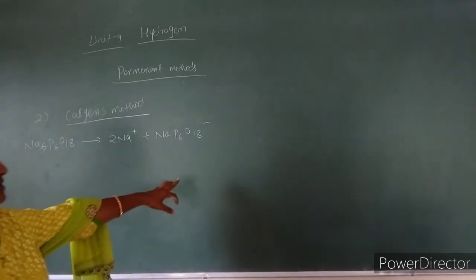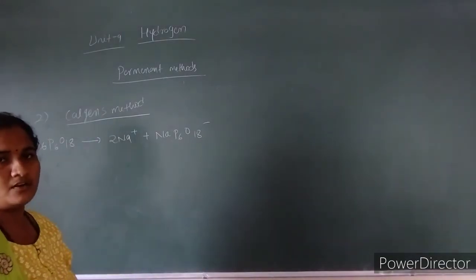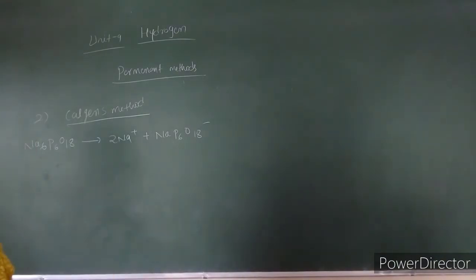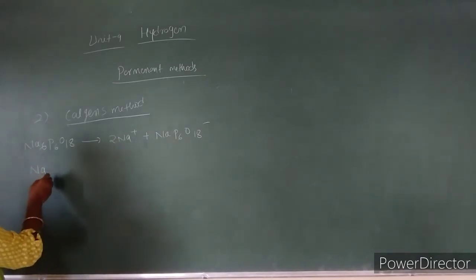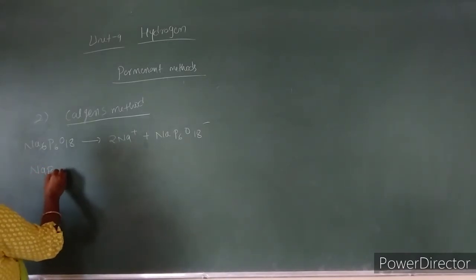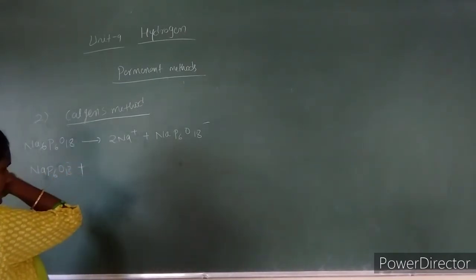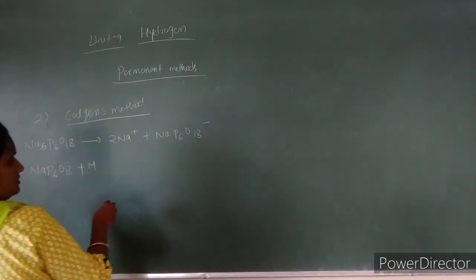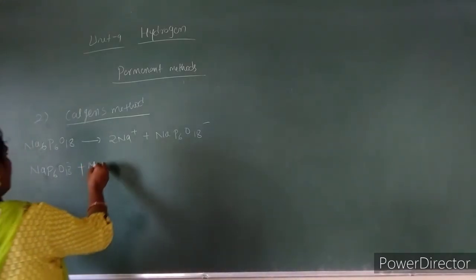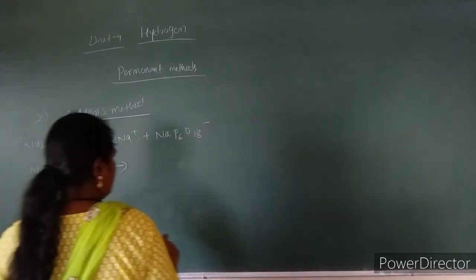This anion reacts with the salts which are present in the hard water, meaning magnesium or calcium salts. Then it will form a complex anion. This complex anion will hold up the salt. In this way we can remove the hardness of the water by using Calgon's method.